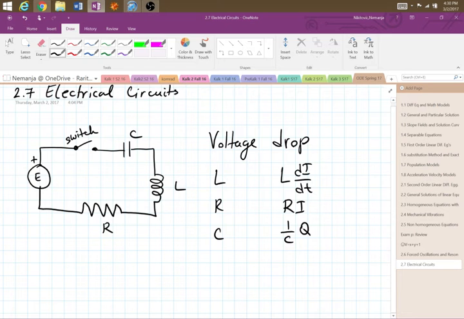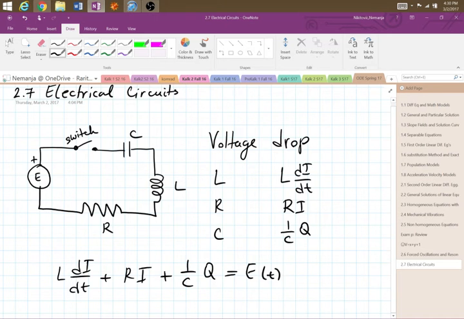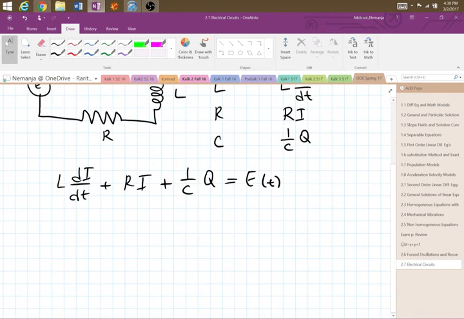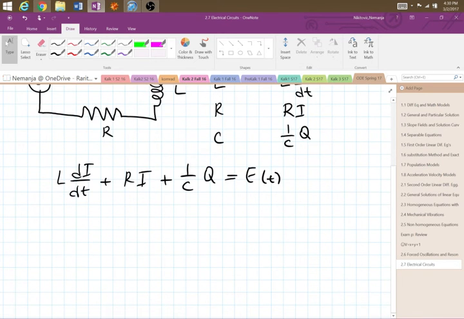And as I said before, you add up all of these voltage drops: L di/dt plus Ri plus 1 over C times Q, to get the voltage source of energy for the system. So this is what we have.